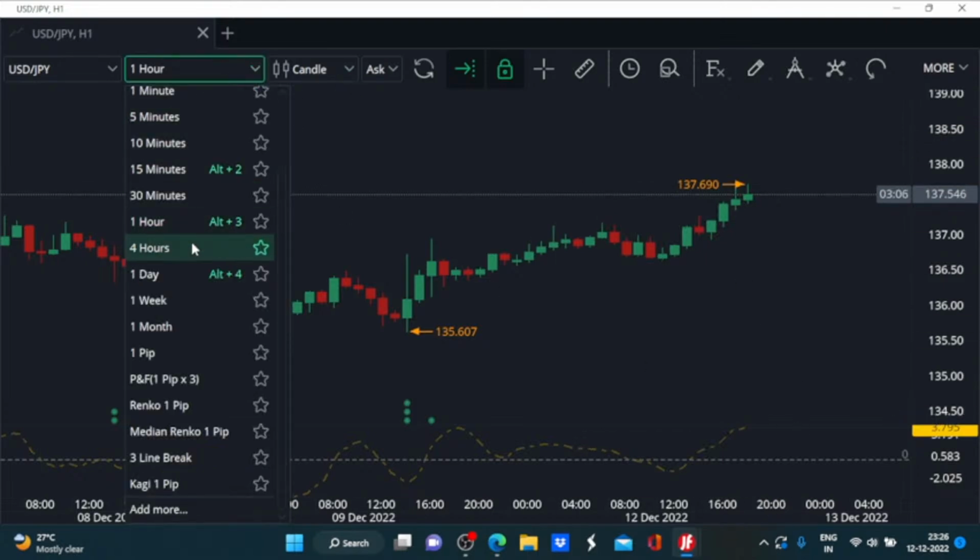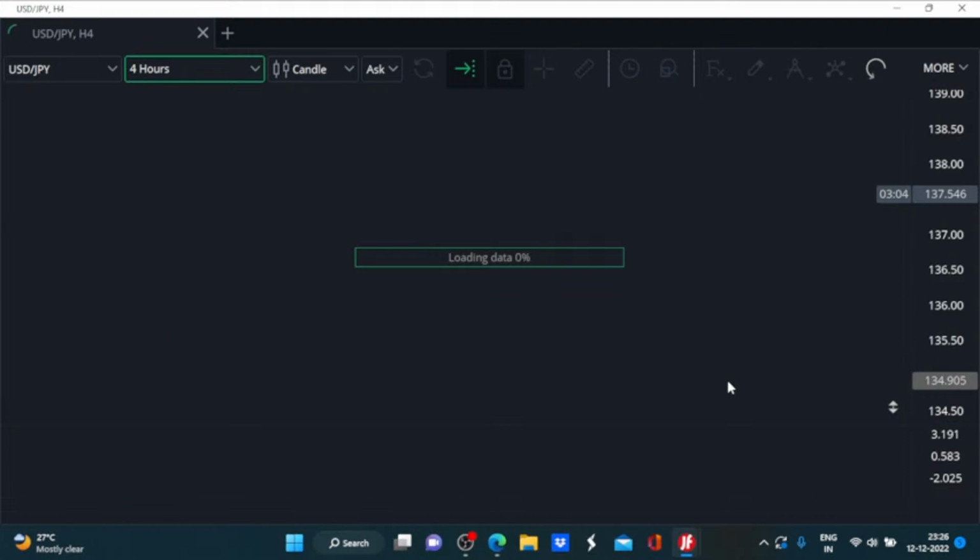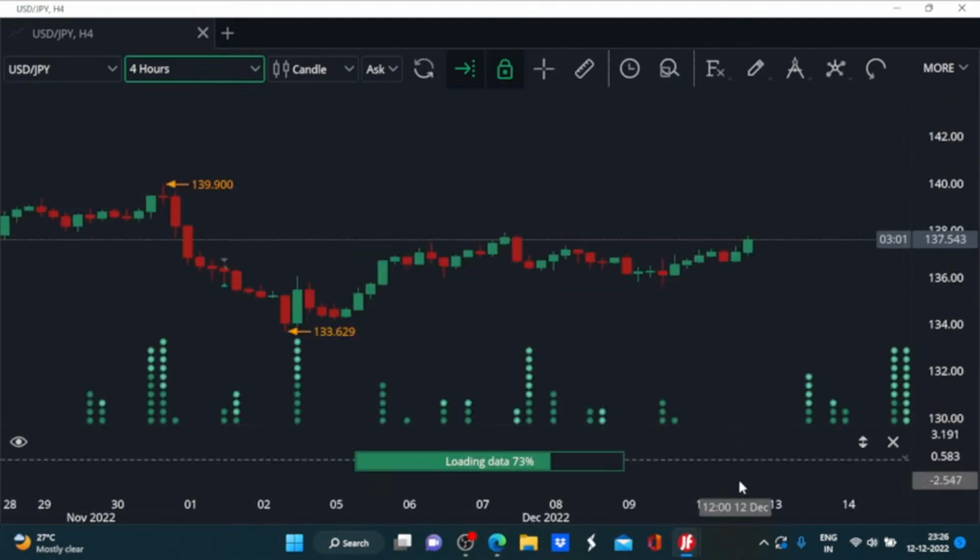Even if I change to 4 hourly, the plotting of the indicator is going to take into account 14 candles of half an hour each, and not 4 hourly candles.